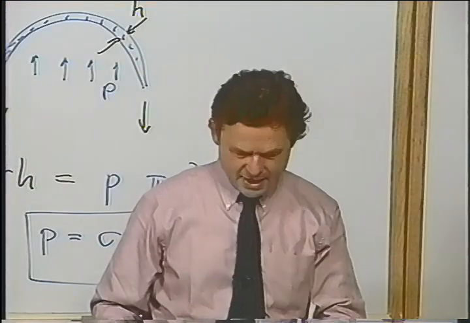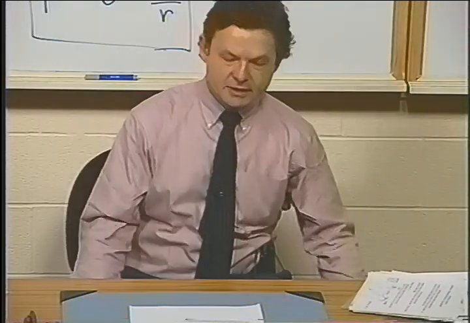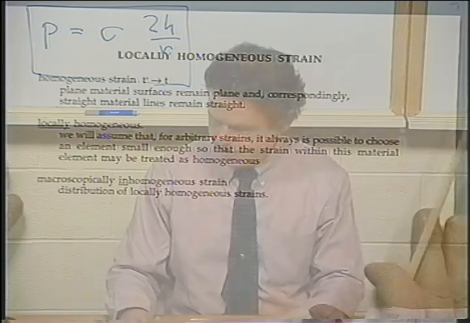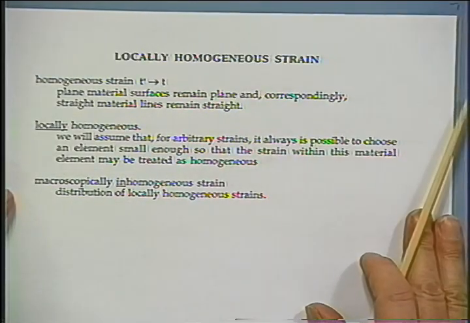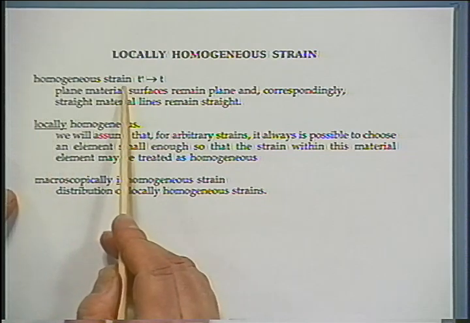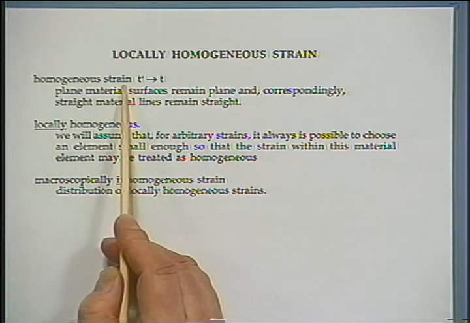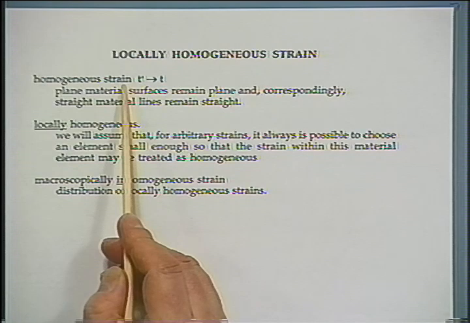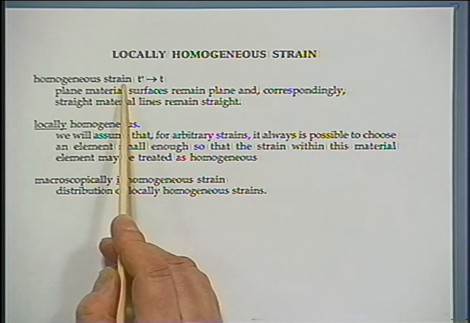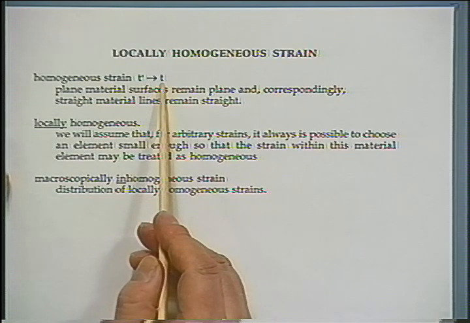And we will do that by using the so-called locally homogeneous strain. And this is described on this sheet here in front of me. We first would say a strain is homogeneous. That means the strain is the same throughout the entire material. Whatever part of a material you pick, it's subjected to the same deformation. So that's a homogeneous strain.